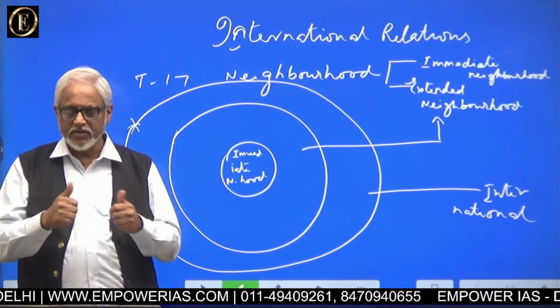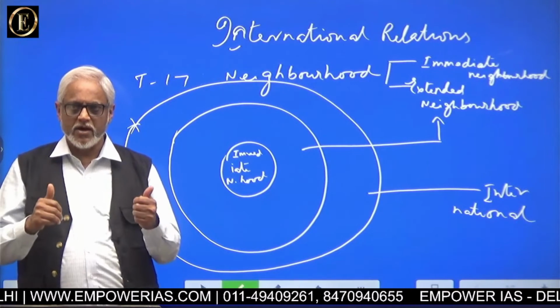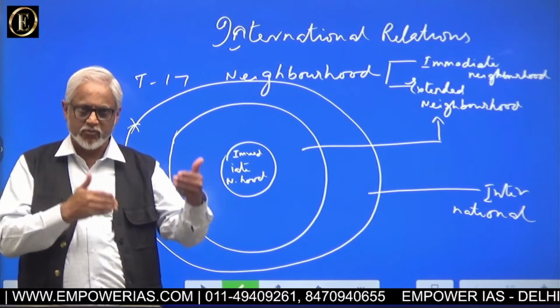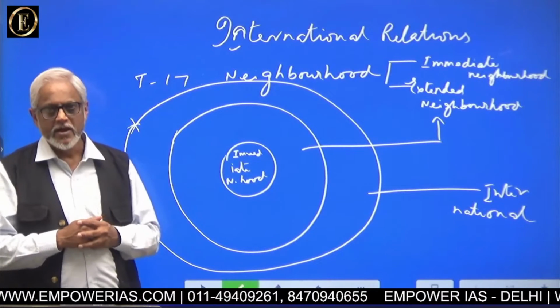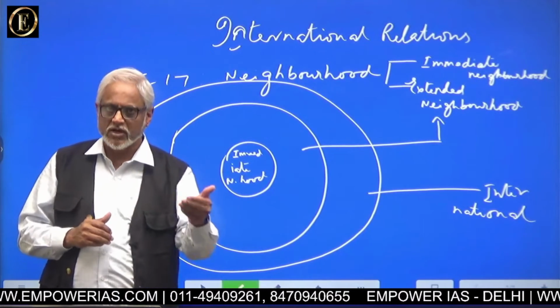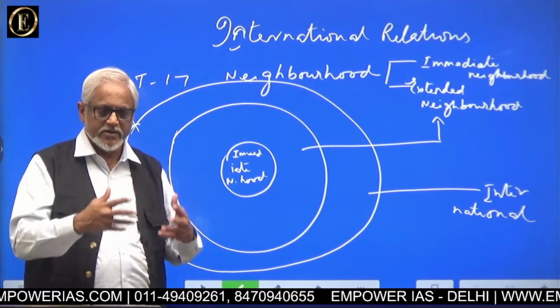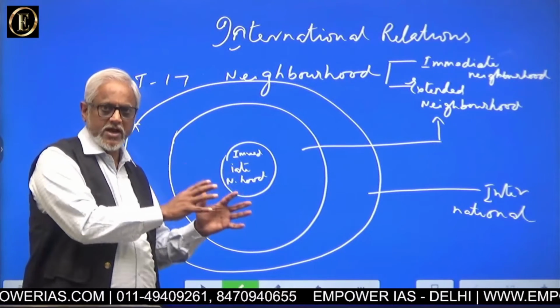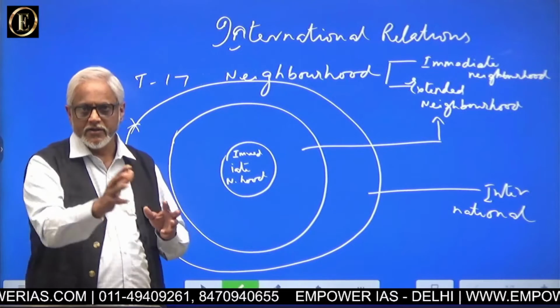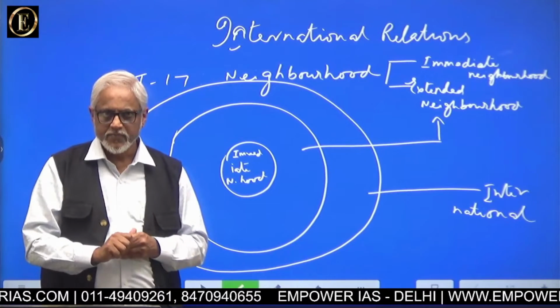So that is basically with the Pakistan problem, East Pakistan, West Pakistan conflict, and also the India-Pakistan conflict. Out of that, India slowly entered into, along with international focus, immediate neighborhood focus.